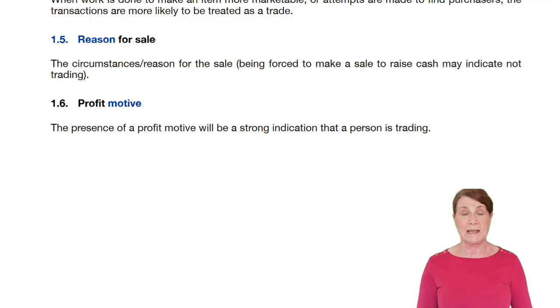Are we going to treat it as a capital transaction and subject that profit to capital gains tax? Or is this person deemed to be trading, in which case we're going to subject them to income tax and national insurance contributions on that profit? Quite an interesting area of tax, I think. Lots and lots of case law, and some of them are quite funny.